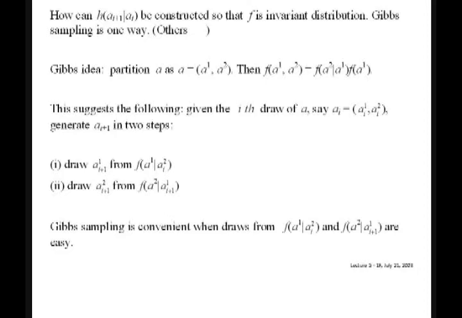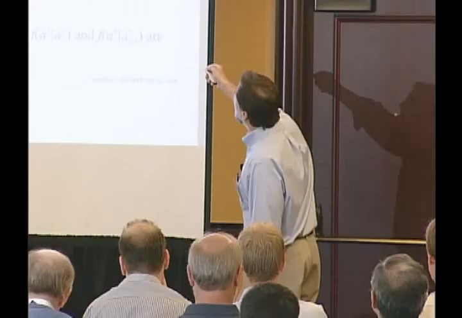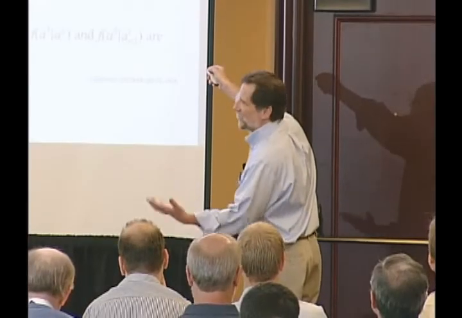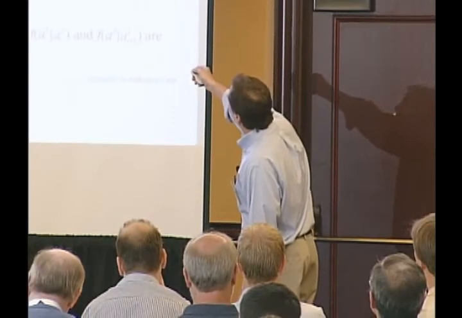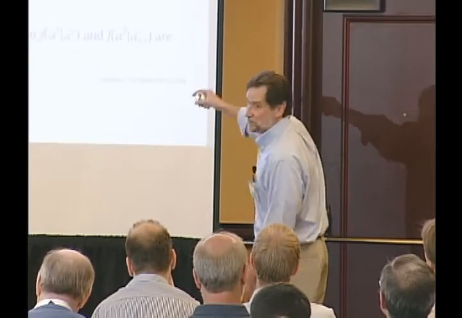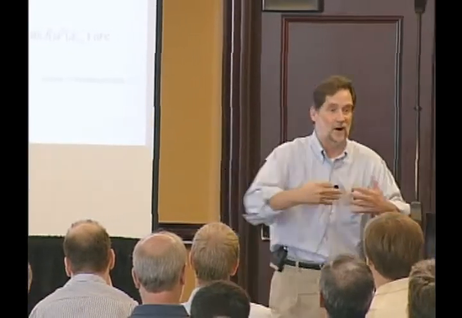Okay, so here's my ith draw of A. Break it into two components, right? Now I'm just going to iterate on this thing. So how do I turn this A^i into A^(i+1)? How do I get my next draw of these two random variables?